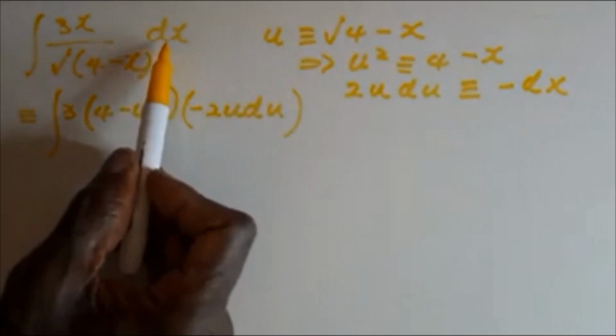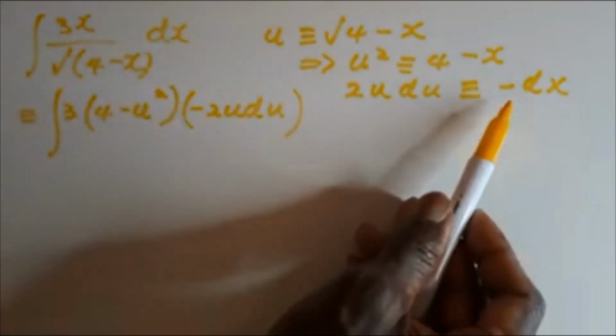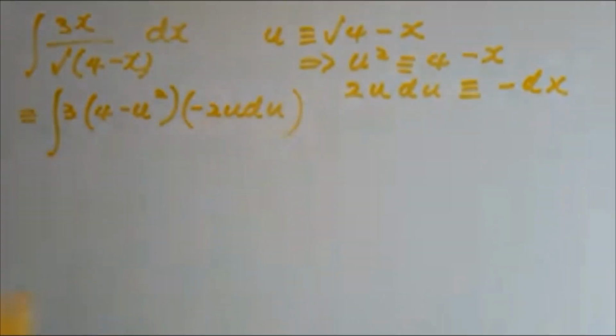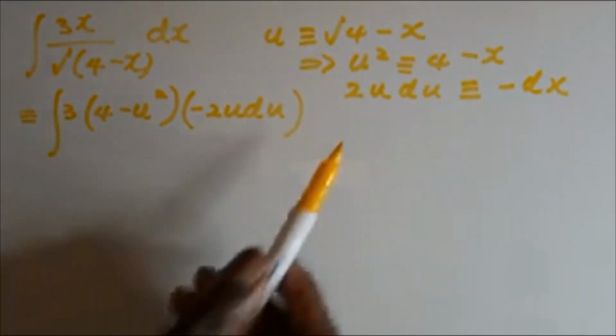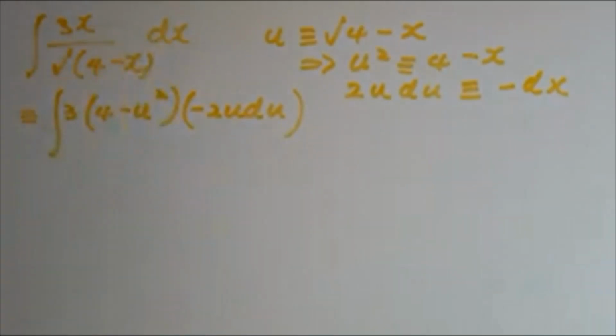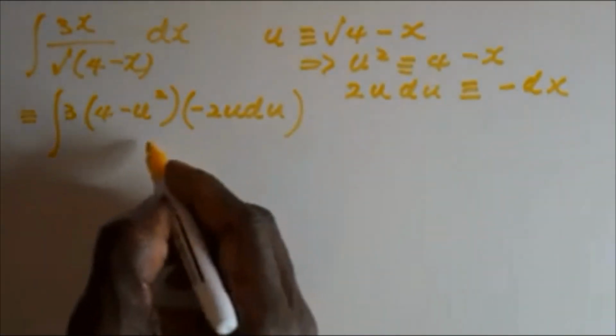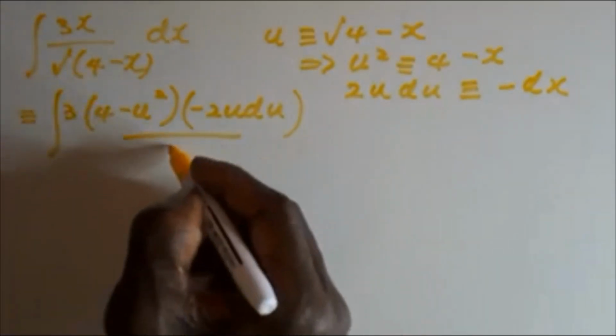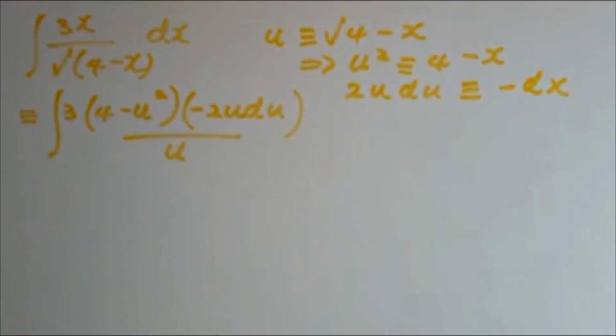That's the substitution for dx. We have minus dx here. We just multiply both sides by minus 1 to get minus 2u du as a substitution for dx. And we have u in the denominator based on this substitution.